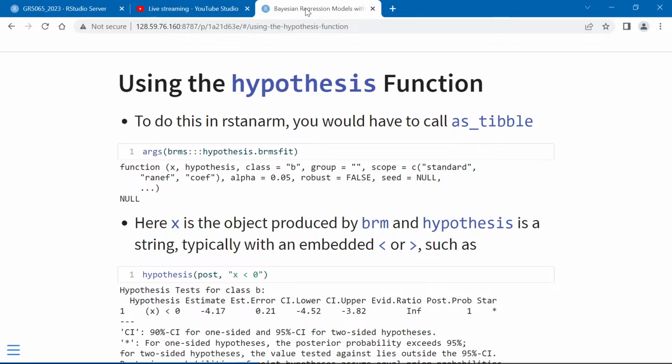There's also this evidence ratio, which in this case is infinite, which sounds really good. I think it's the ratio of the posterior density at 0 to the prior density at 0, or the reciprocal of that, prior density at 0 to posterior density at 0.